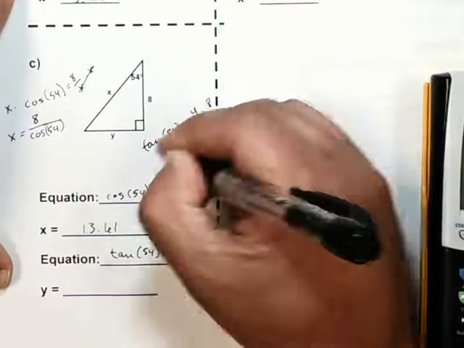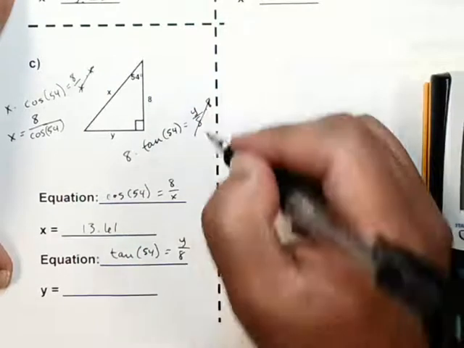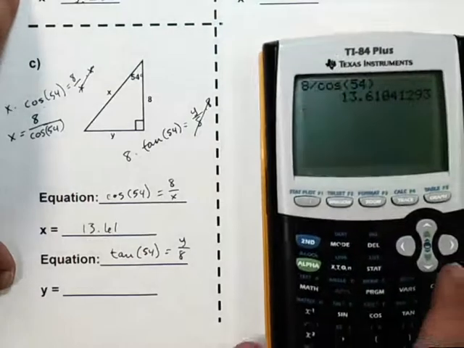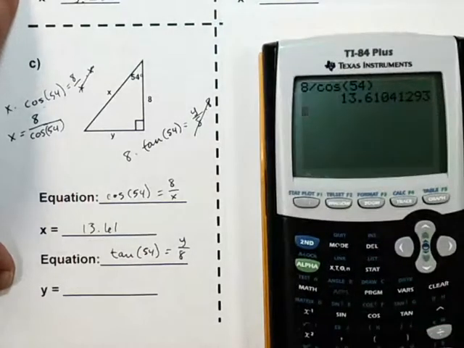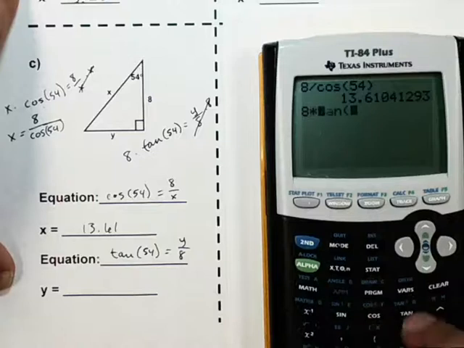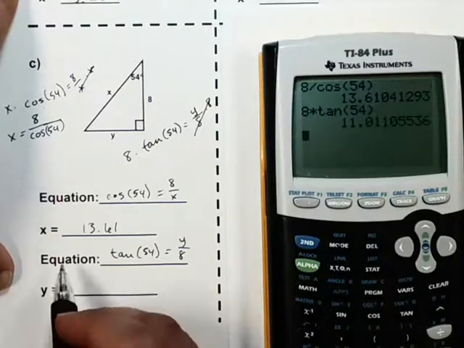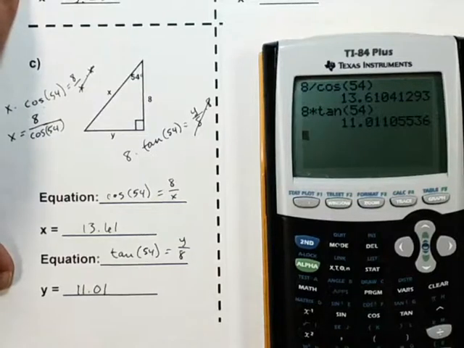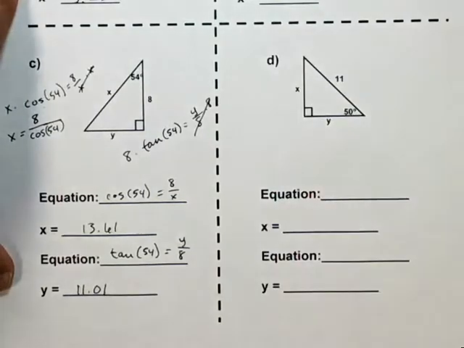I'm going to multiply both sides by 8. Those 8's factor out, and so y is going to be equal to 8 times the tangent of 54, right? And that comes out to be 11.01. Okay, the last little example D here, I'm going to leave that up to you to do.